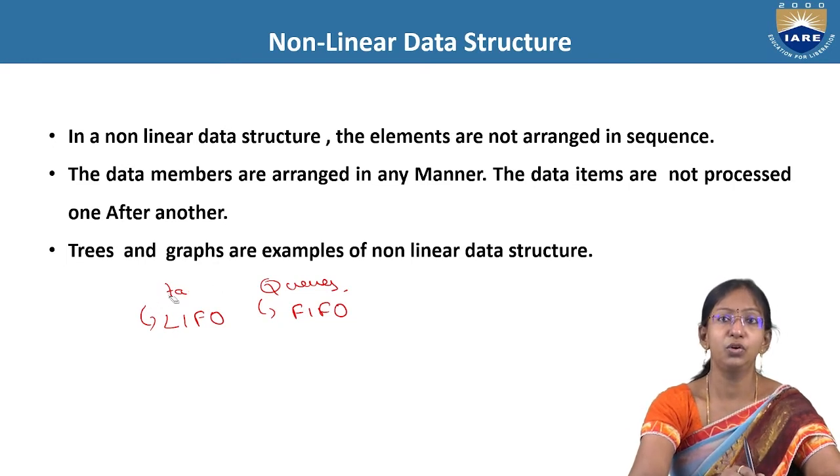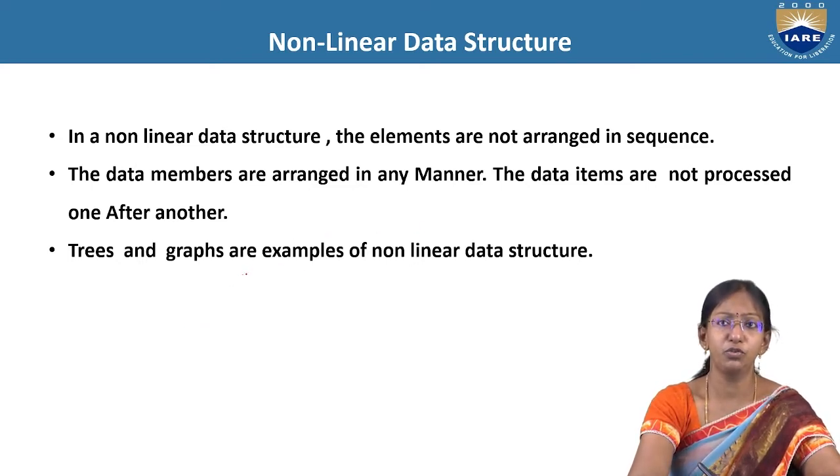Coming to non-linear data structures, trees and graphs are the prominently known ones. So, how does a tree look? It is a top-down structure where the root node has no parent.